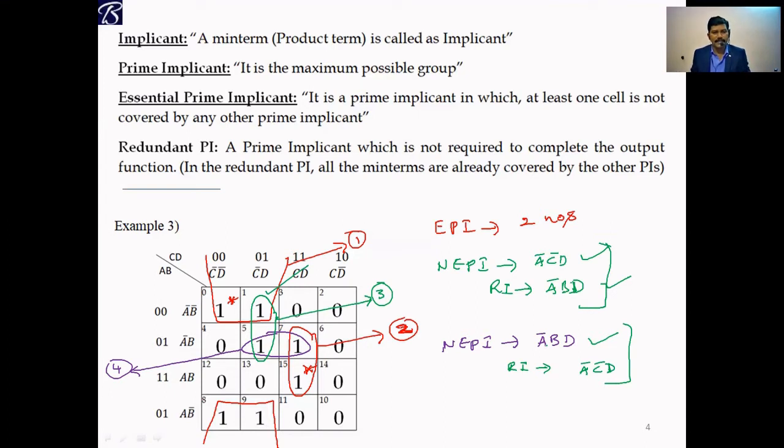No need to take the fourth one. That is redundant prime implicant. Suppose if you take violet color, this fourth one, to complete the output function, then this green becomes a redundant prime implicant. This is about implicants, prime implicants, essential prime implicants, non-essential prime implicants, and redundant prime implicants.